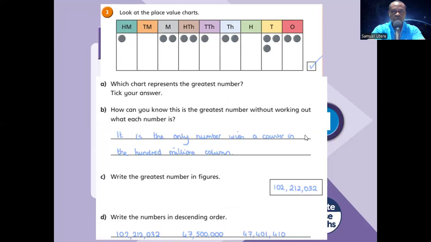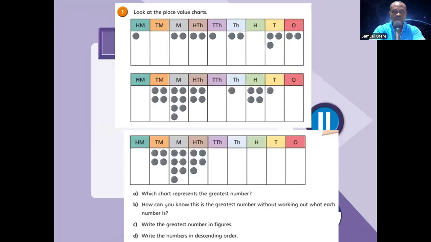So you were told to check the place values to compare them. This is question A, you were told to tick which chart represents the greatest number. It's this one. So these were the charts you were asked to compare. All right.